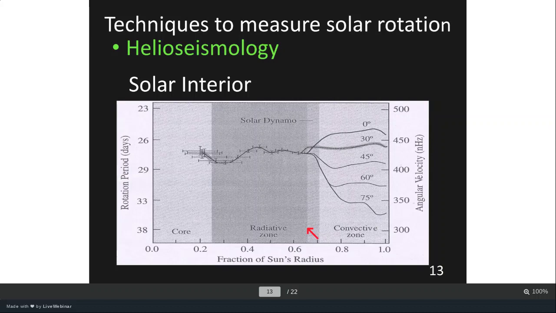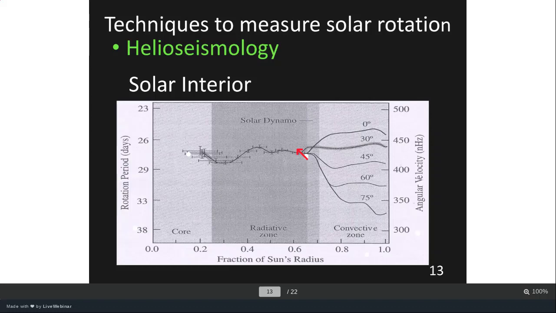Helioseismology deals with the solar rotation profile of the interior. In this panel, the horizontal axis shows the fraction of the sun's radius, and the vertical axis shows rotation period in days, and this vertical axis shows the angular velocity in nanohertz. So here we can see that from the core to 0.6 radius r, the rotation profile of the sun is almost rigid.